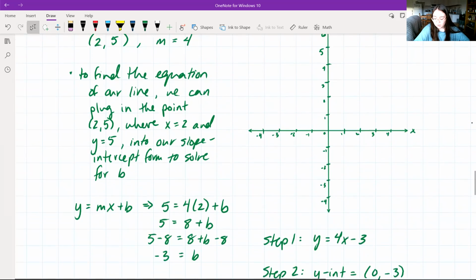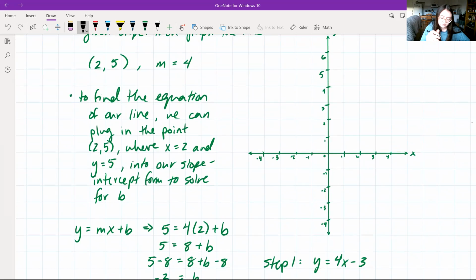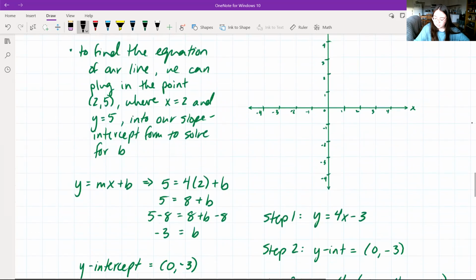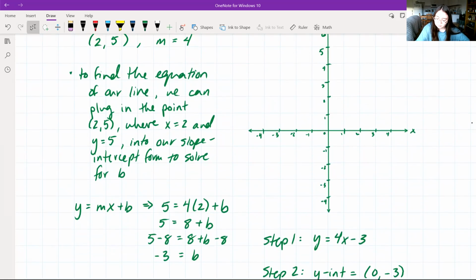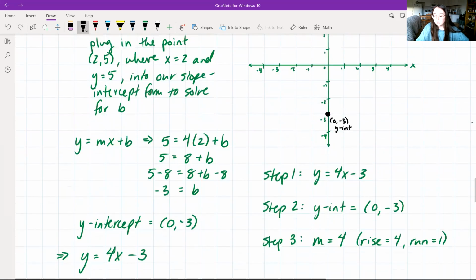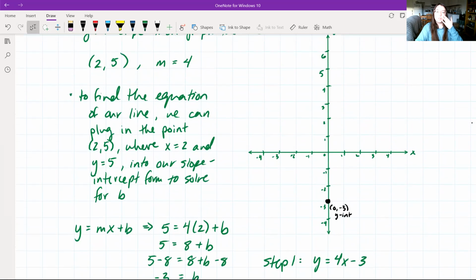So plotting our y-intercept at (0, -3), we're going to have our point right here. So we have (0, -3). This is our y-intercept. And our slope, which is 4. So we're going to rise 4, run 1.